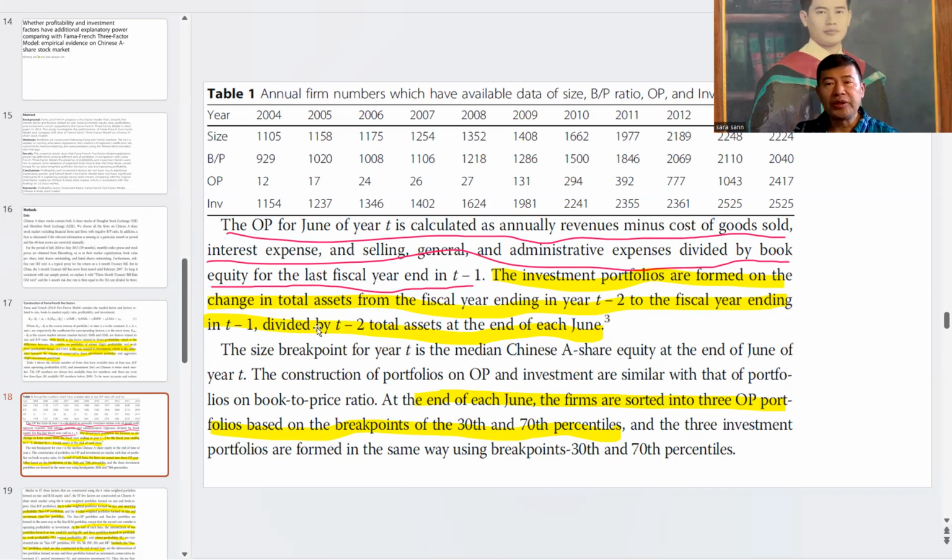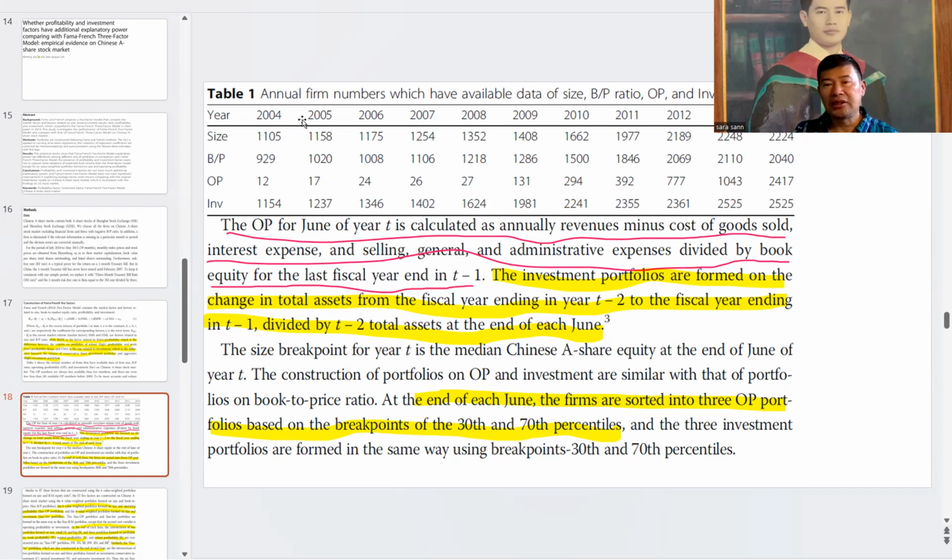So year 2021 is T minus 2, and year 2022 is T minus 1. So he formed the portfolio by taking total assets in 2022 minus 2021, divided by total assets in 2021. Just an example.